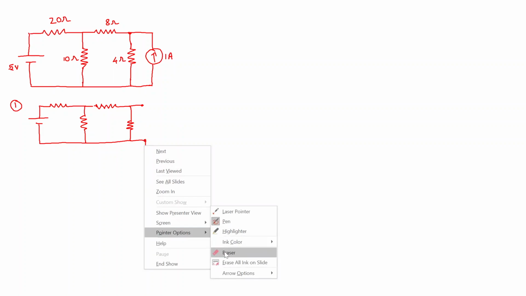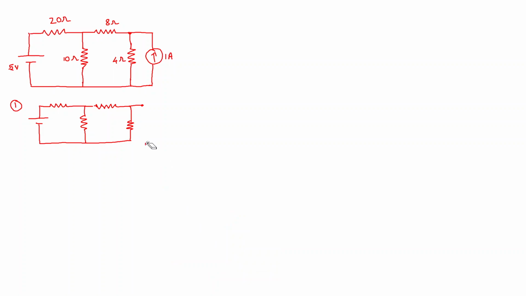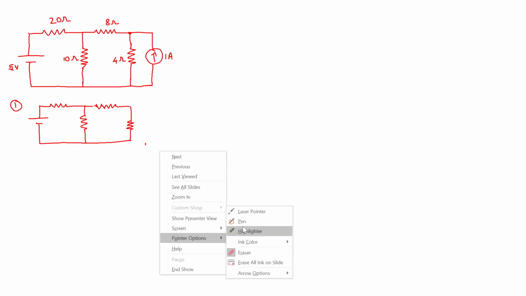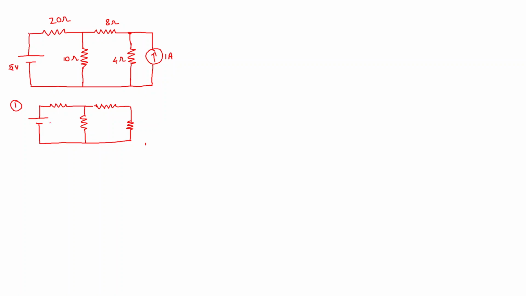So let me remove this. By removing the current source, I get a circuit like this, where only source 1 is acting. Now I am going to find the current through 4 ohms because of this first source acting.